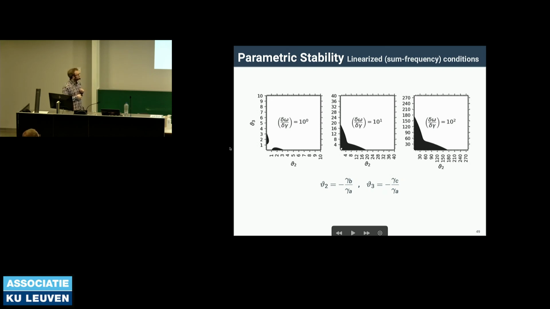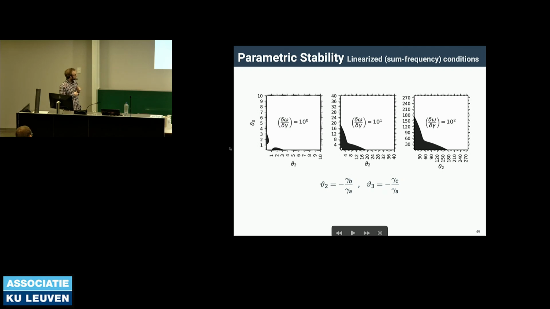We have θ2, which is a ratio of the damping rate, in fact, γB for mode B, and the driving rate for mode A, and the same for θ3. Then you can compute these stability domains for specific values of δω, your frequency difference over the sum of your driving rates.